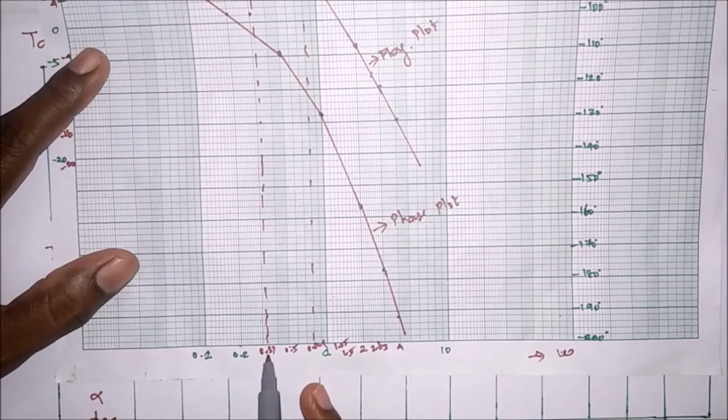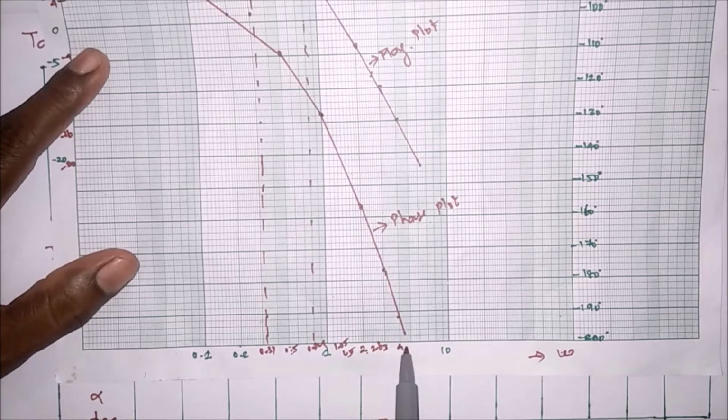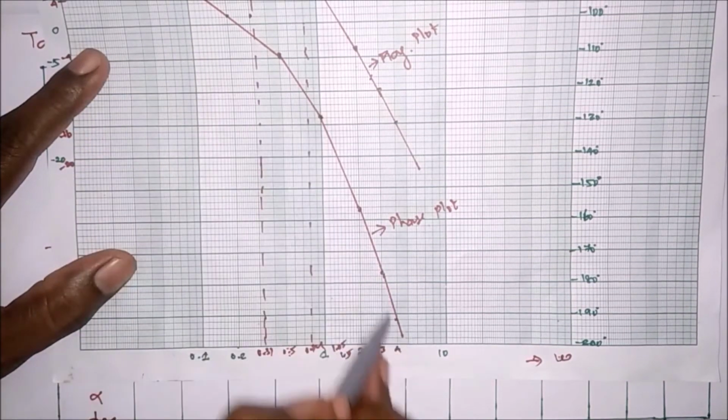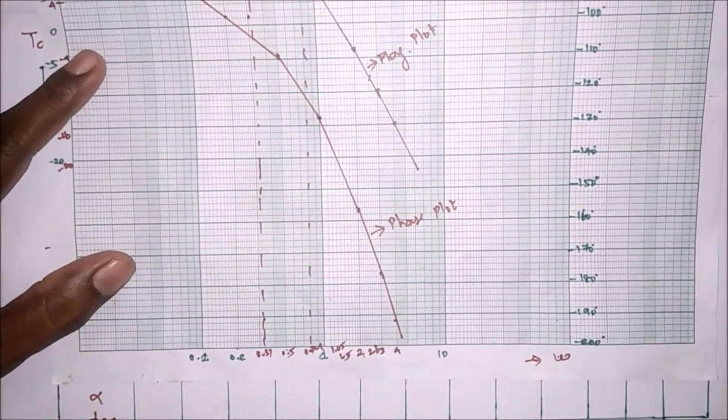Next for 0.31, then 0.5, 0.74, 1.05, 1.52, next for 2.6, and 3.2. So for the various values of omega from the phase plots, we have to find the phase angle.